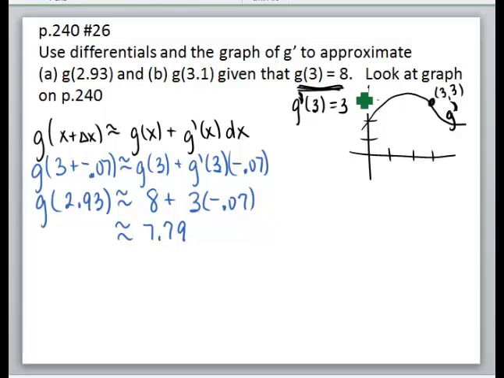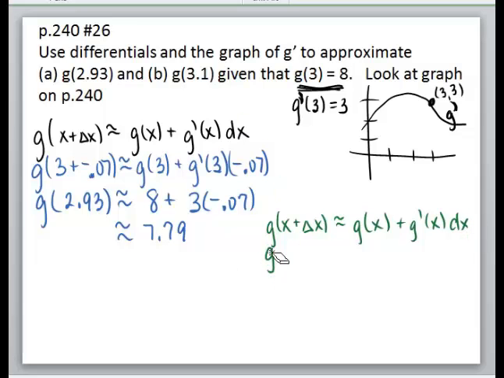The second value I'm supposed to find is g of 3.1. So the formula g of x plus change of x is approximately g of x plus g prime x dx.